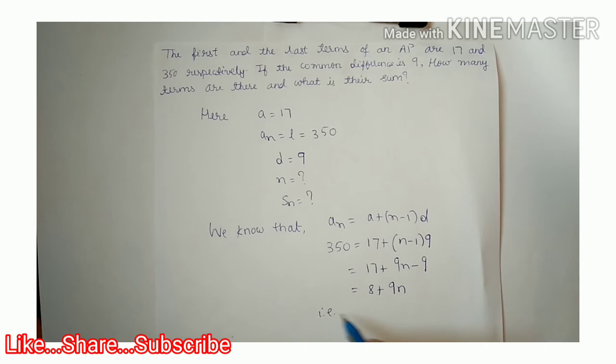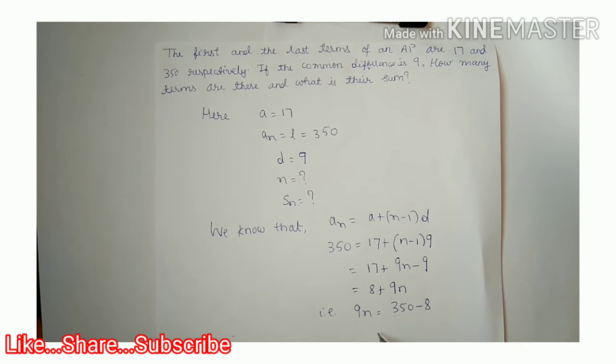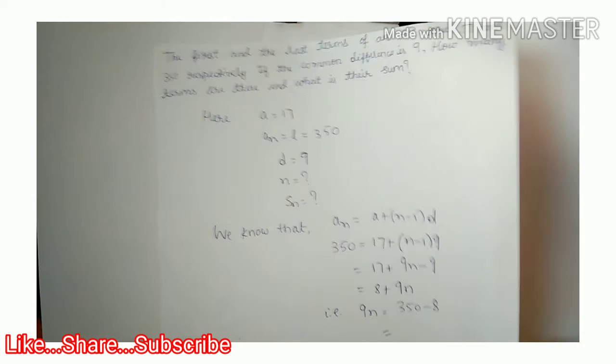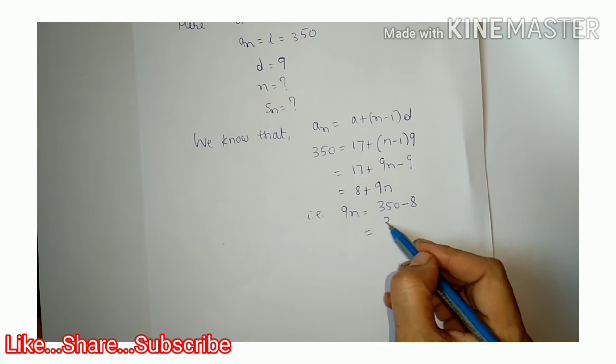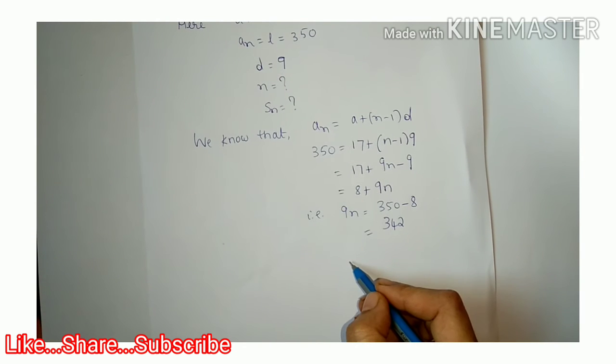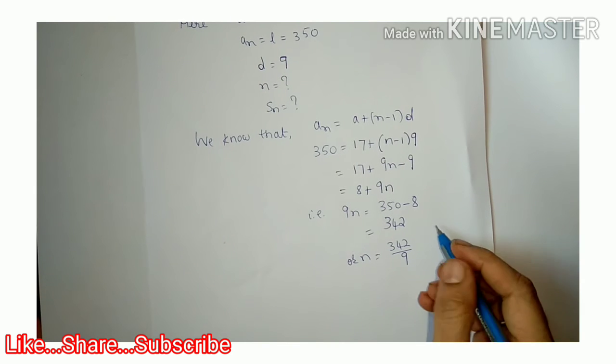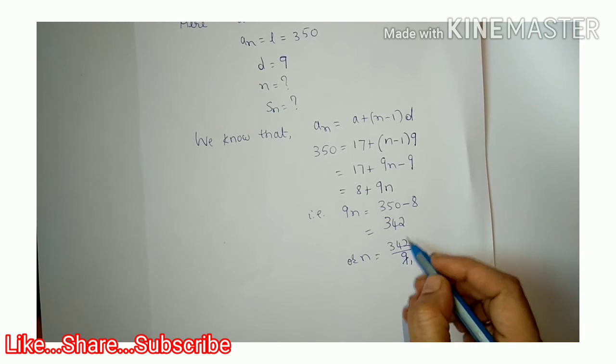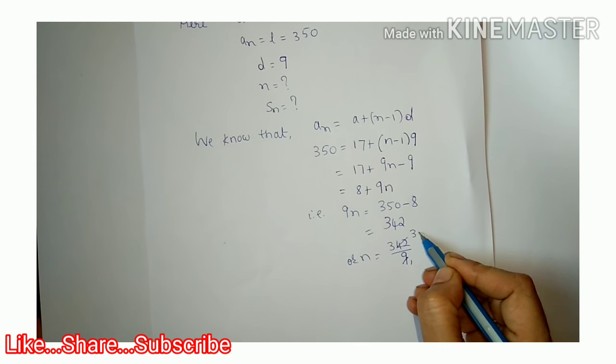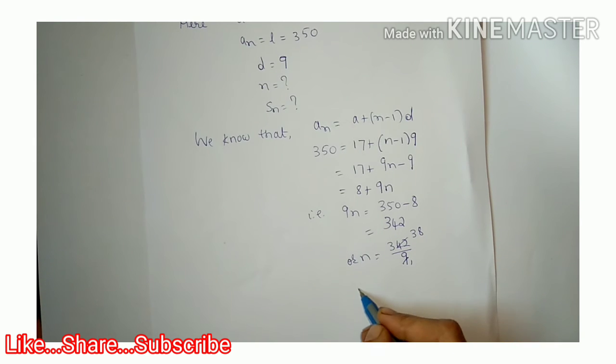That is 9n is equal to 350 minus 8, 350 minus 8, 342, or n is equal to 342 by 9. 9 into 38. Therefore number of terms n is equal to 38.